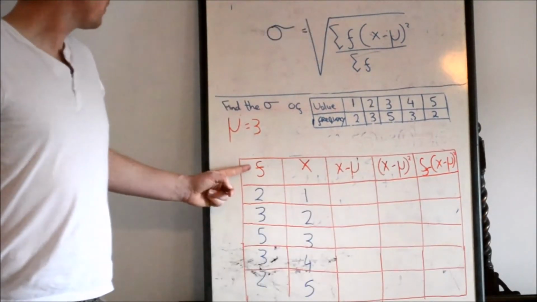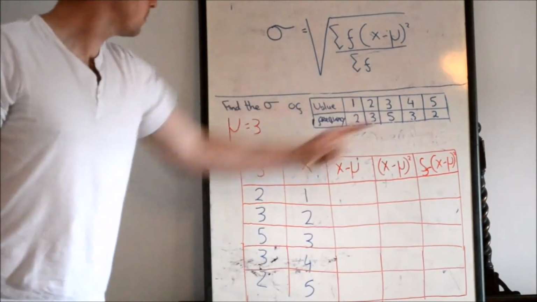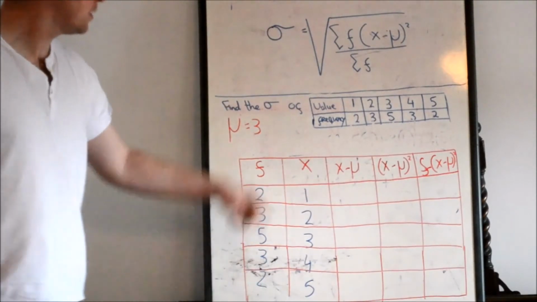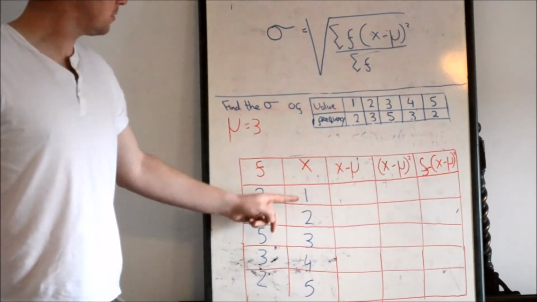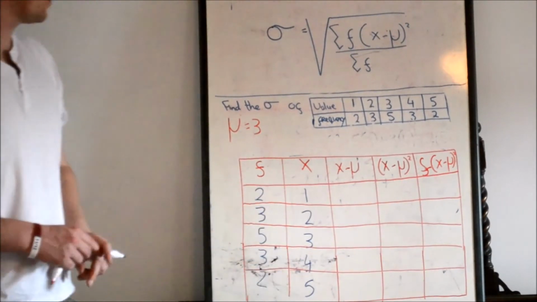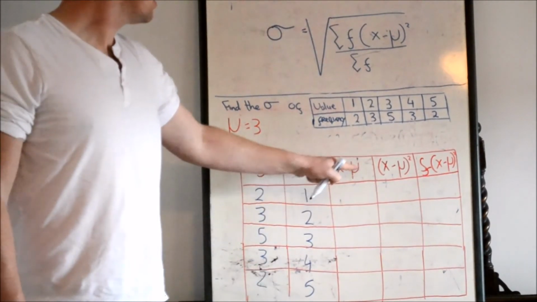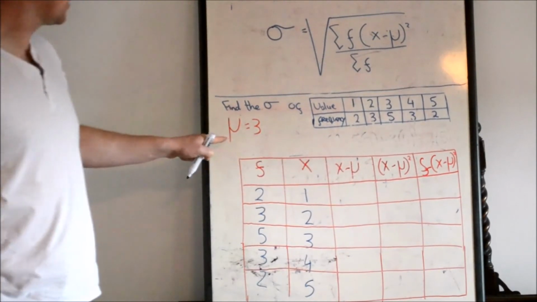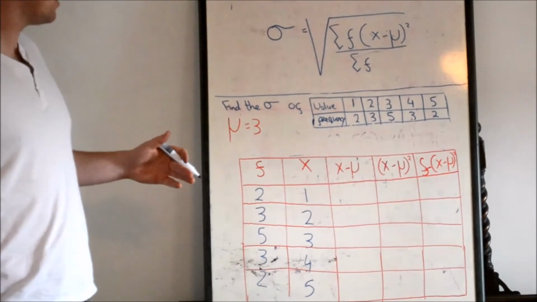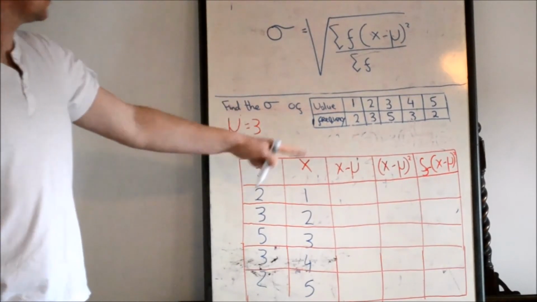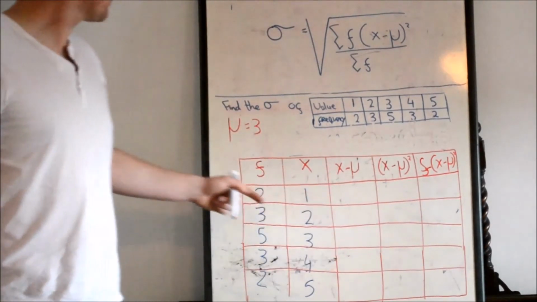We finished off with our frequencies, we slotted them in. Our values, which is x, our numbers as I was calling them, we slotted them in. Now, our number minus the mean. We can do it in our head.